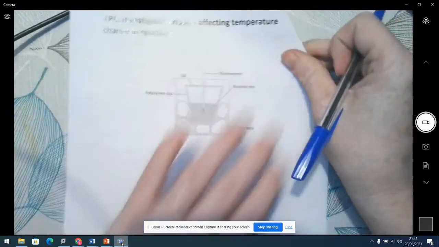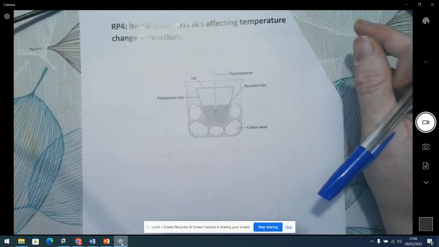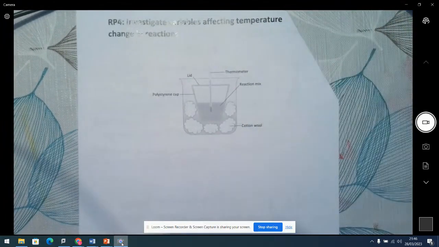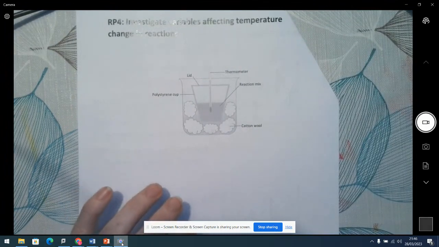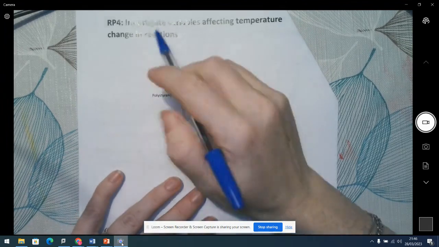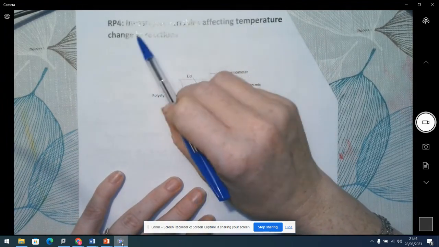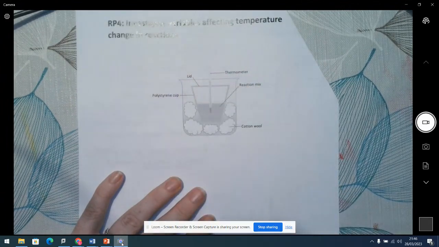If you've ever attended one of the Strive sessions, you know that we've done this required practical as a practice one. There are a couple of things within the question that can help you answer this type of question, but we will look at the required practical here, which, as the question says, is investigating variables that can affect the temperature changes in a reaction.